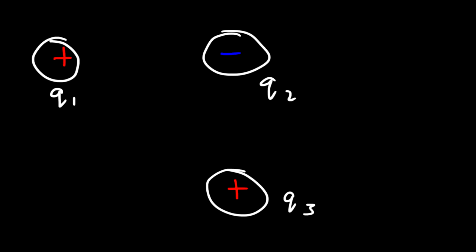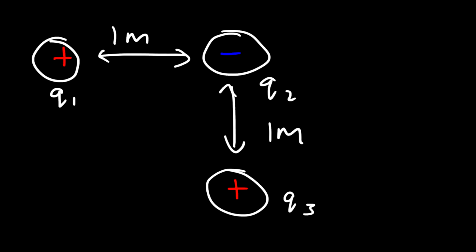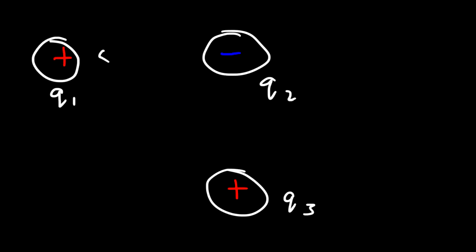Now let's say that each charge has the same magnitude and all of the charges are equidistant from each other. So let's say Q1 and Q2 are 1 meter apart, and Q2 and Q3 are also 1 meter apart. Now, focusing on Q2, Q2 is attracted to Q1, and so it feels a force that pulls it to the left.